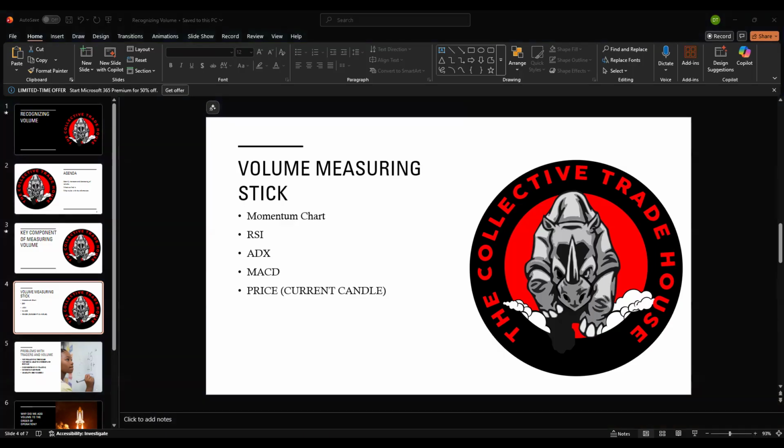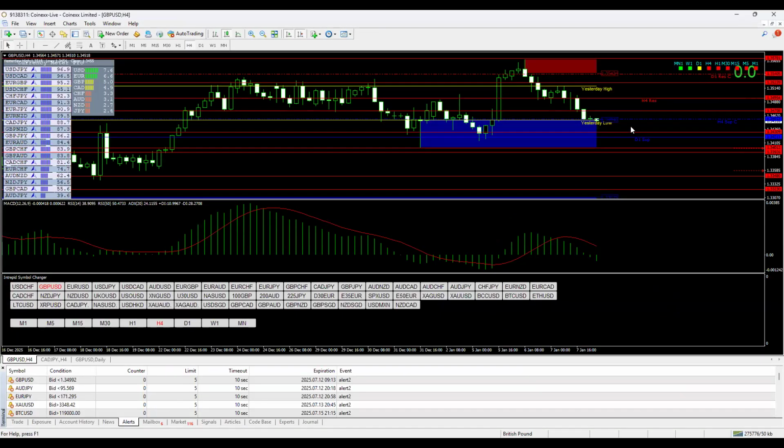Well, what we're doing is trying to determine, has the volume on the downward movement continued? If I don't have anything else to measure this with, if I'm just looking at the candle, the answer is probably yes. Why?